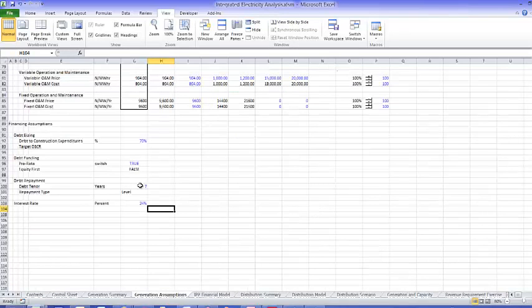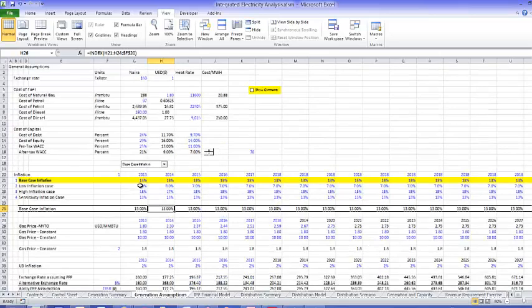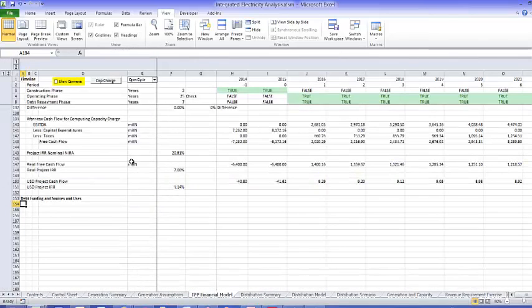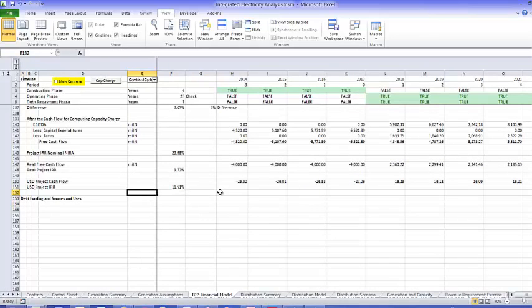Now let's change the type of the project. We can change it up here. Let's make it a combined cycle plant because we have a longer construction period for the combined cycle plant. And when we start putting this in, we need to put what our debt size is.